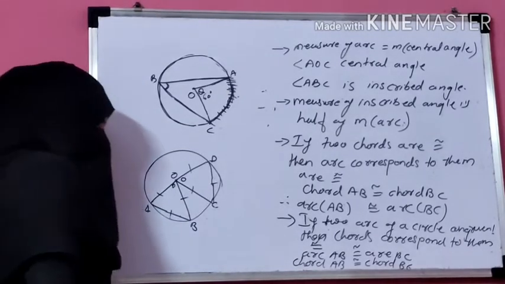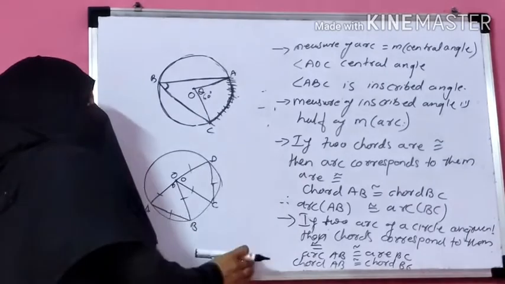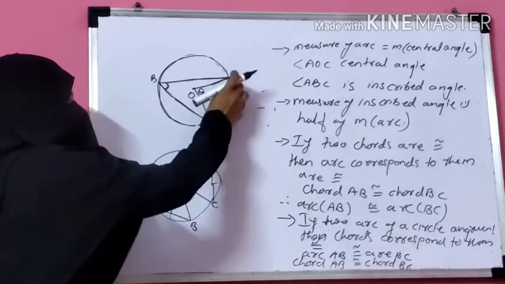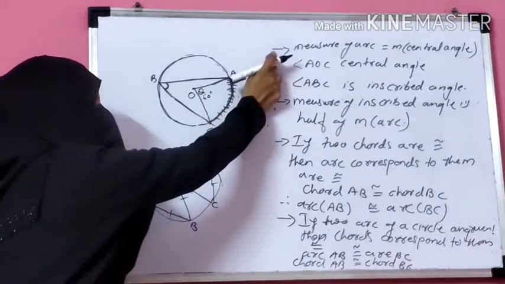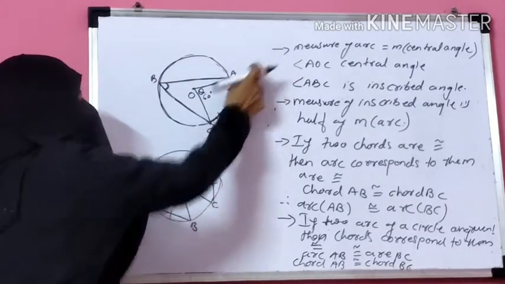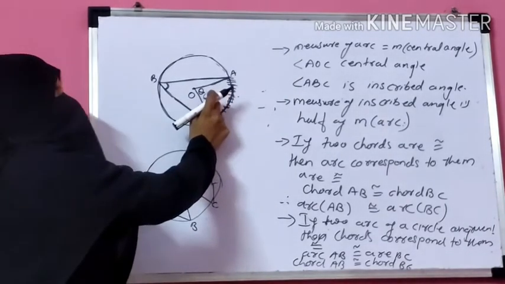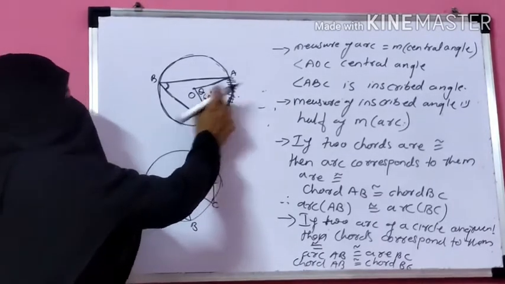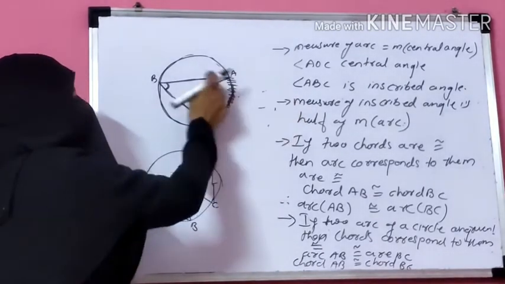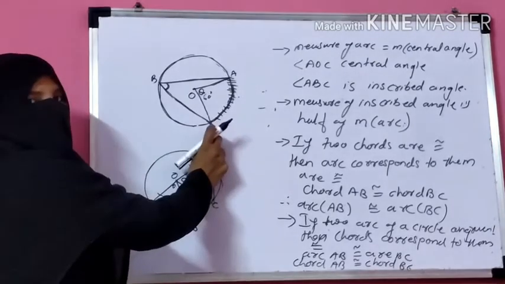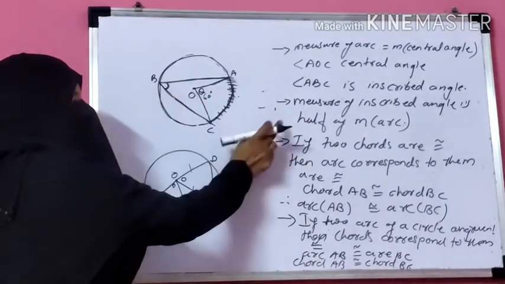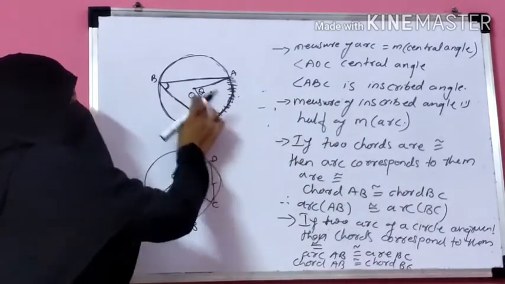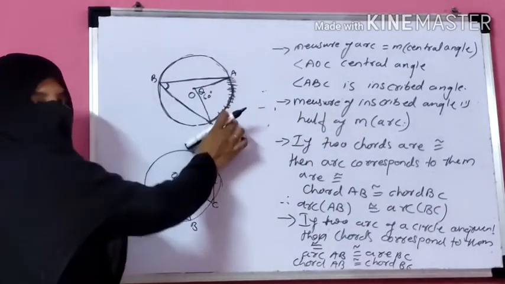Okay. Now let's recall here. The first is, the measure of an arc is equal to the measure of the central angle, and a central angle is the angle whose vertex lies at the center of a circle. The next is the inscribed angle, whose vertex lies on the circumference of a circle, and the measure of an inscribed angle is half the measure of the intercepted arc.